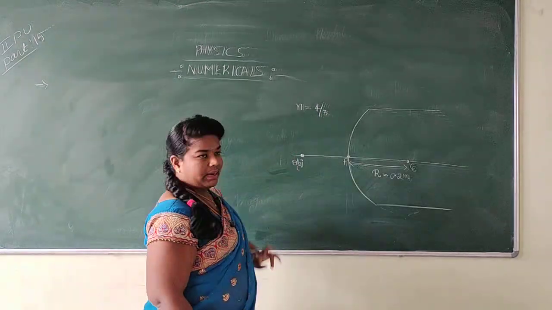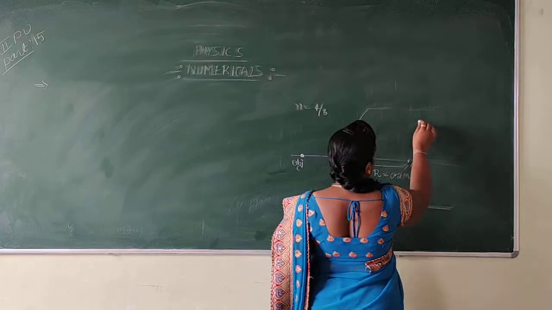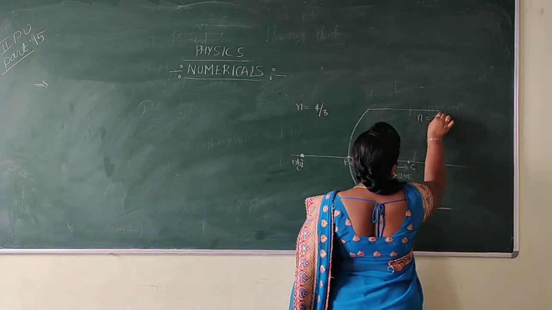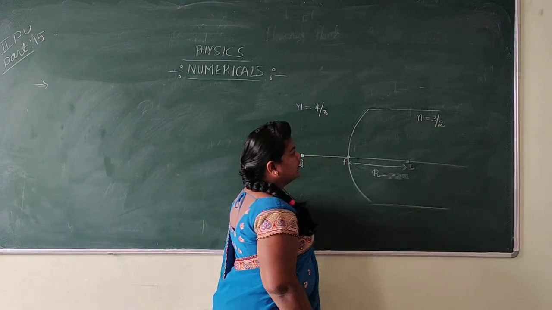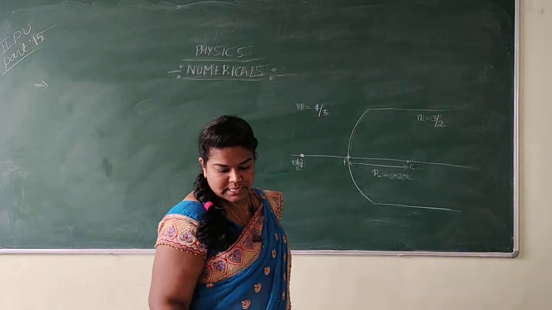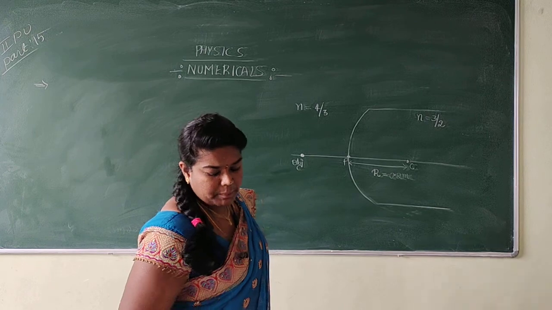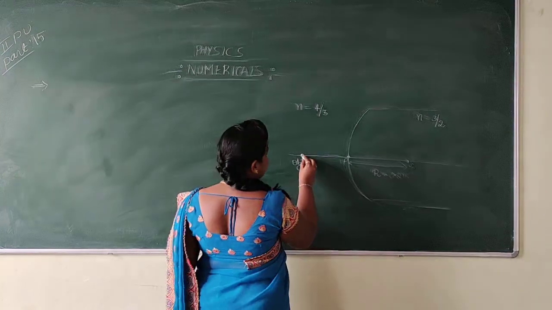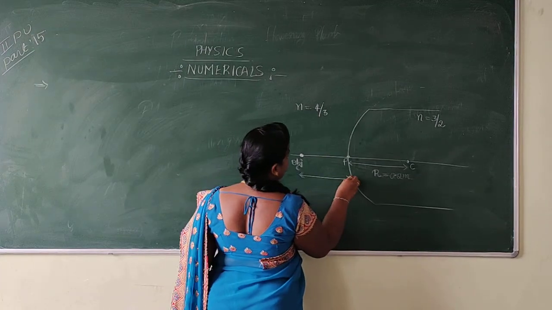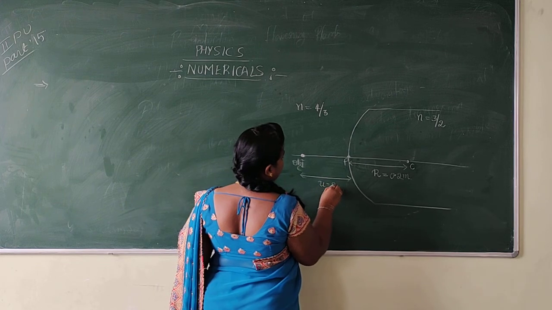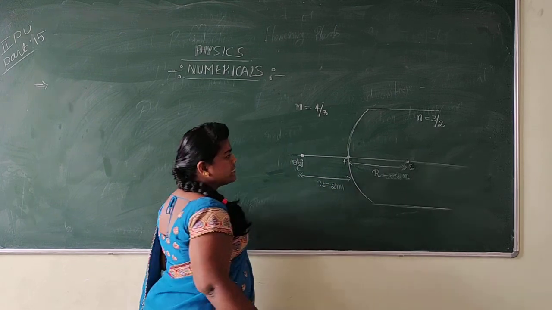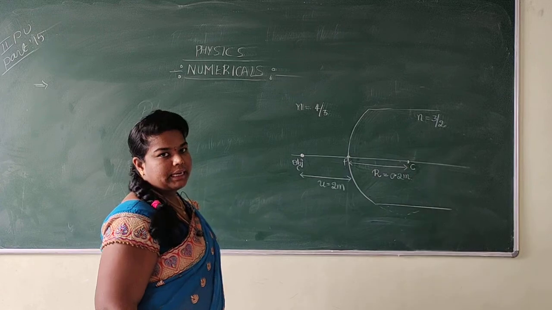If it is 4/3, then the refractive index of this other medium is 3/2. Right? Next. See, the object is placed at a distance of 2 meter from the refracting surface. What is the distance of the object from the pole? They have given it, that is, the object distance u is 2 meter.